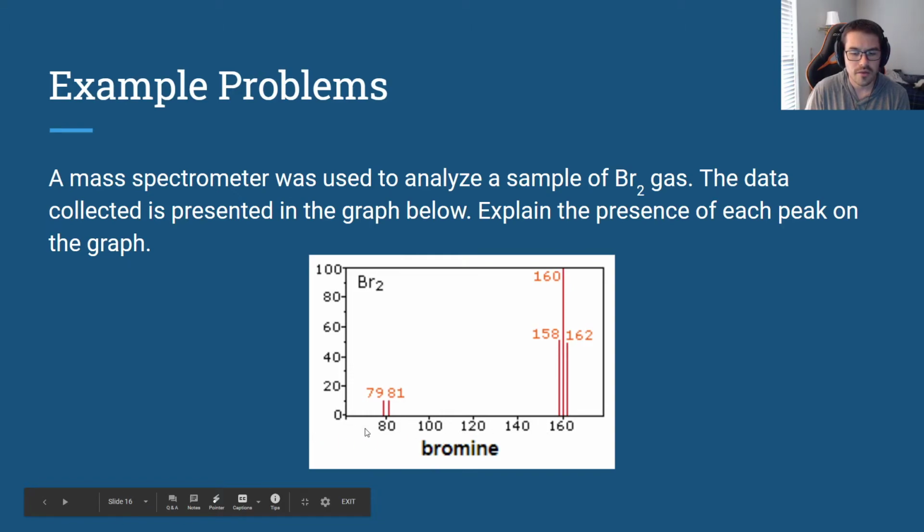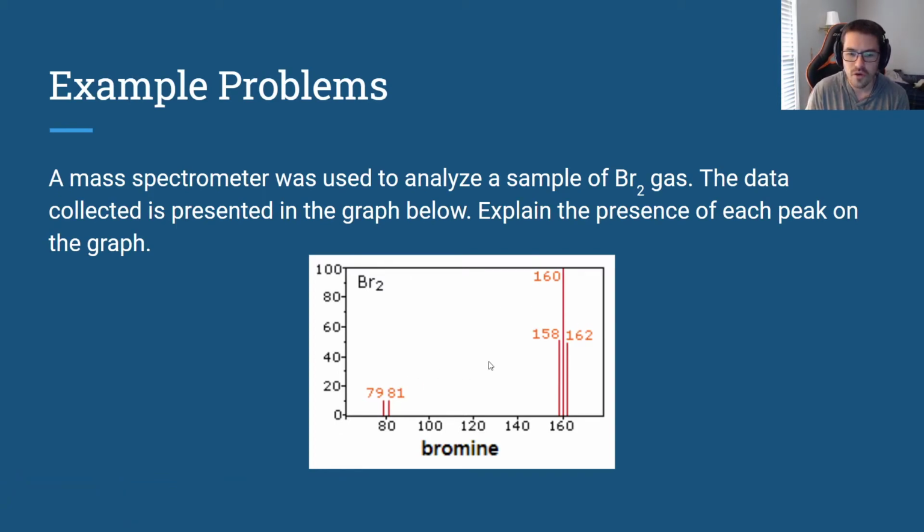And then the y-axis is a bit more confusing, because if relative abundances are supposed to add up to 100, well, this one peak is already at 100, so it's a little bit confusing, but think of this y-axis as being something like a relative abundance.